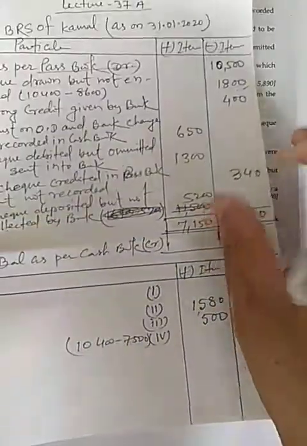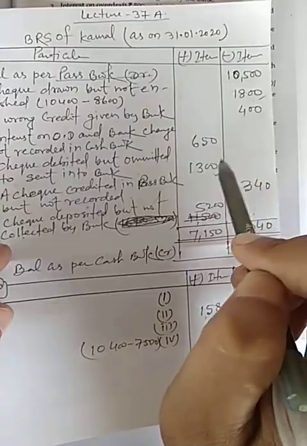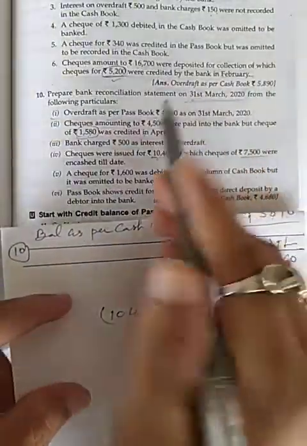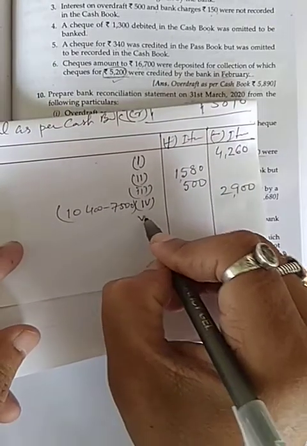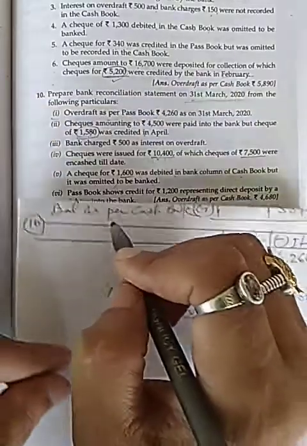So according to passbook, you can see it will be in plus item, and I will also write 1600 in plus item. In fifth point, it will be plus item.